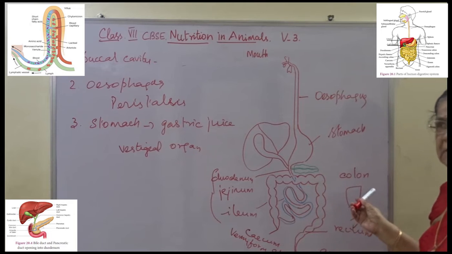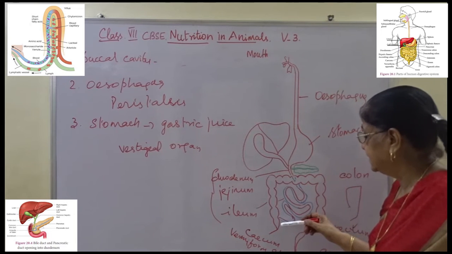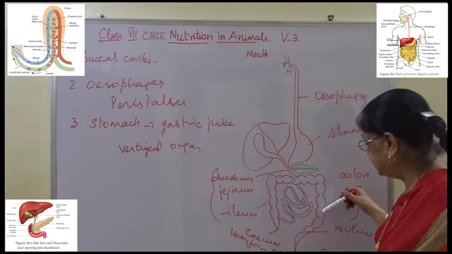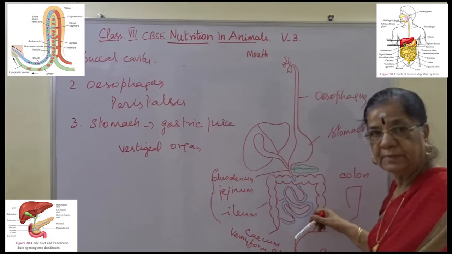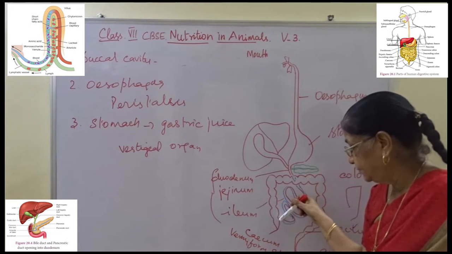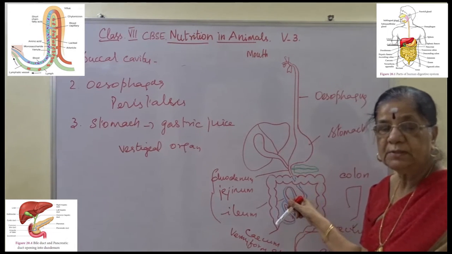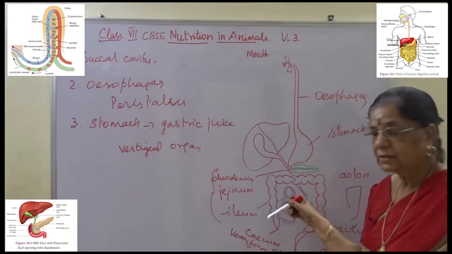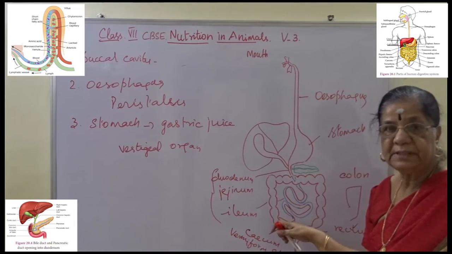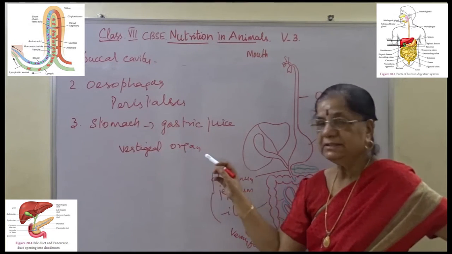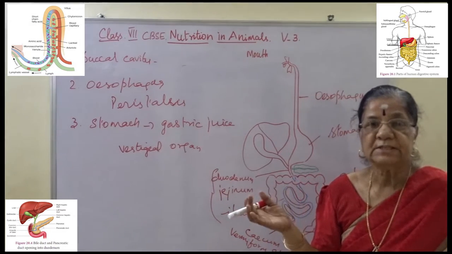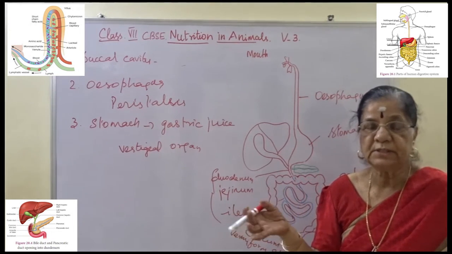Now the colon has the ascending colon, transverse colon, descending colon, rectum and anus. At the tip of the ascending colon, there is a projection called the cecum, otherwise the vermiform appendix. It is a vestigial organ. That means its function is not known.